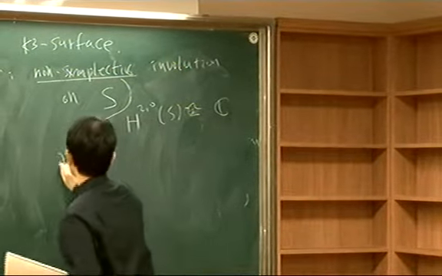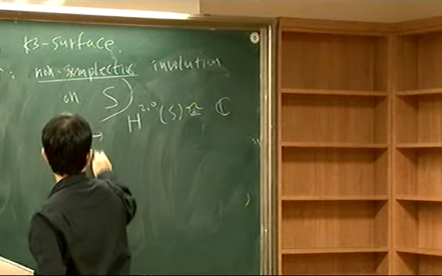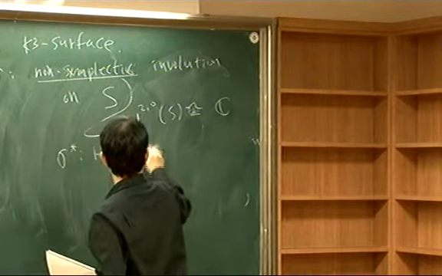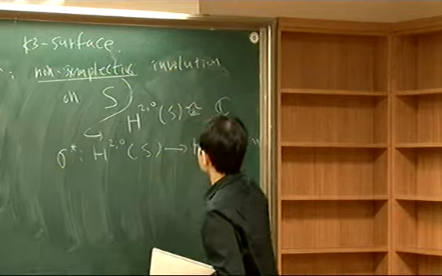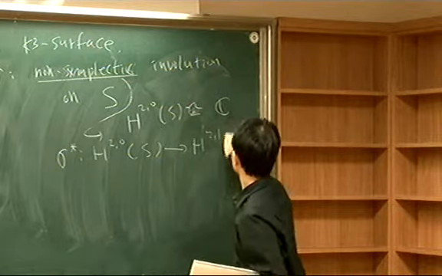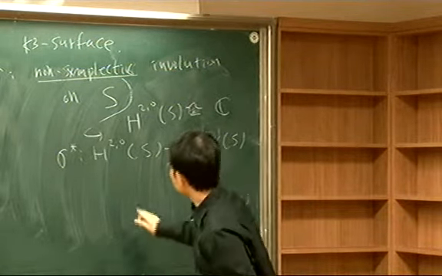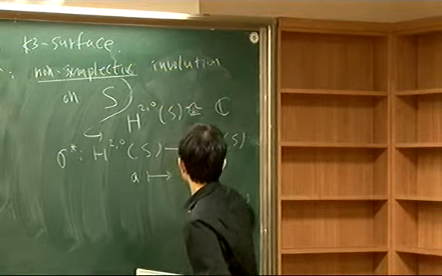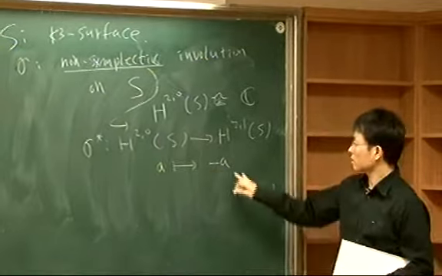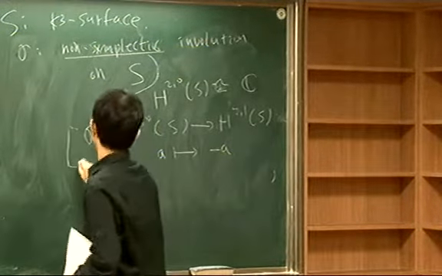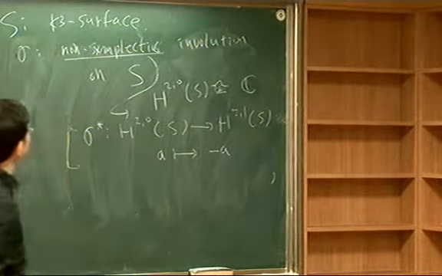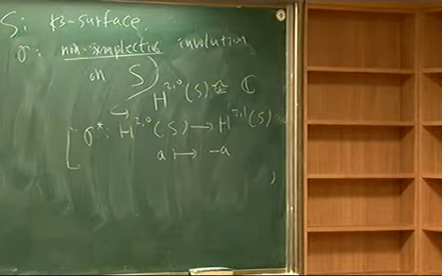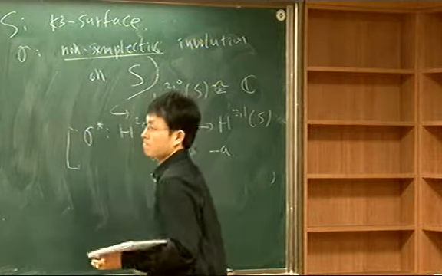Then this involution acts as multiplication by -1, so this is a goes to -a. With this property, we call this sigma a non-symplectic involution.